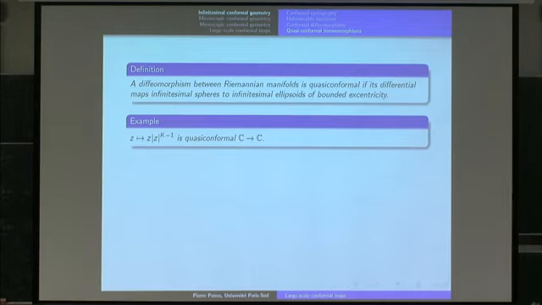I choose not to give the more technical Grötzsch definition, which includes homeomorphisms, but let's continue with an example which is not smooth at the origin, but nevertheless globally quasi-conformal. It's the power map, z to z^k, in a radial manner. It takes rays through the origin to rays, and it's a power map along each ray. This is an example of a global quasi-conformal map of the plane.